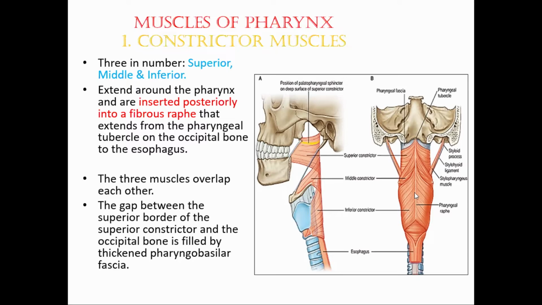This pharyngeal raphe extends from the pharyngeal tubercle, present on the occipital bone, up to the upper part of the esophagus. These three muscles overlap with each other, and there are gaps between these three muscles.